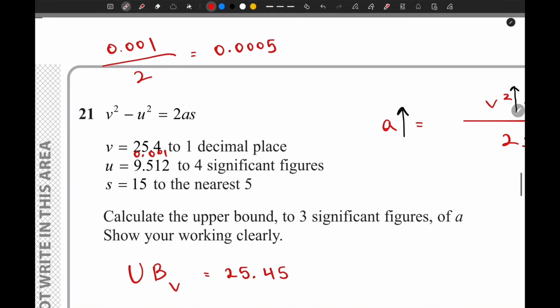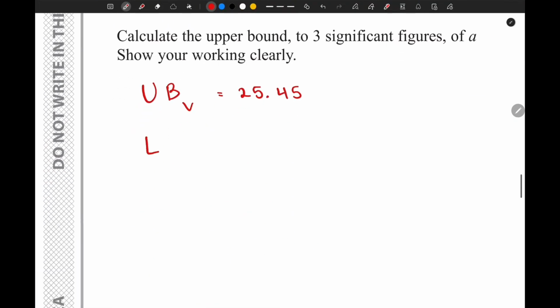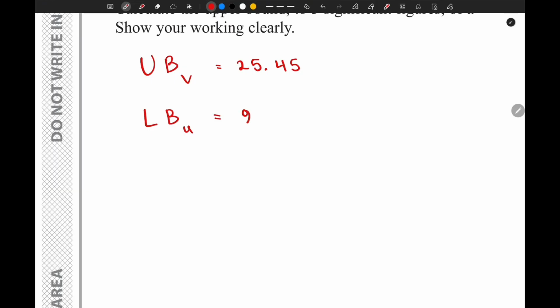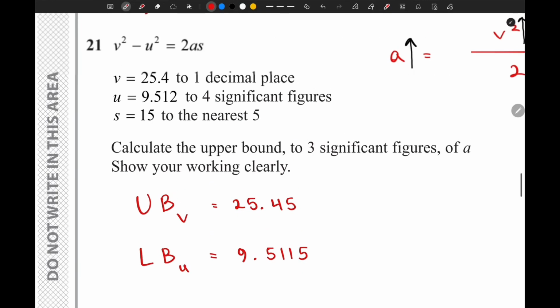If we subtract 0.0005 from the value of u, we will get the lower bound. So the lower bound of u is 9.5115.